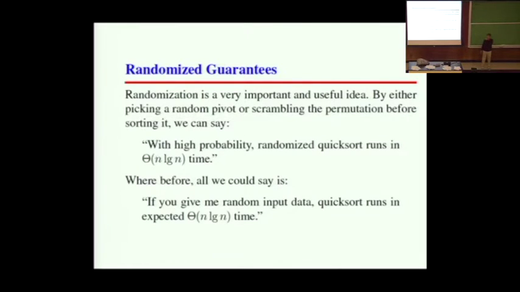Any questions? If I did flip coins and it started coming up heads 50 times in a row, then you would probably get nervous about the quality of the coin. But you would recognize that the probability of that is vanishingly small. Any questions? So randomization is kind of an important idea.